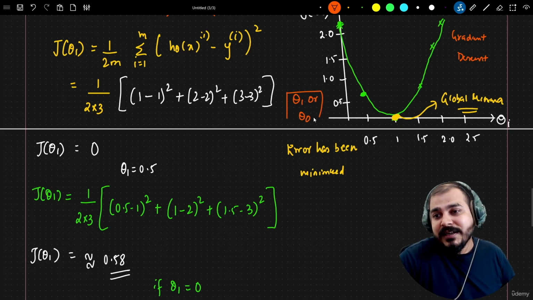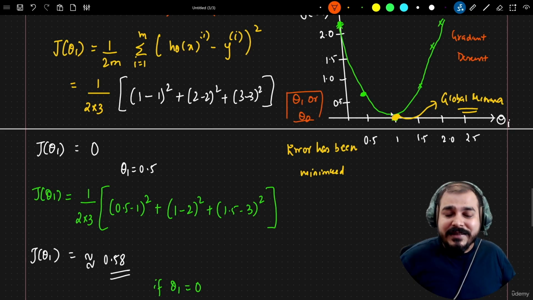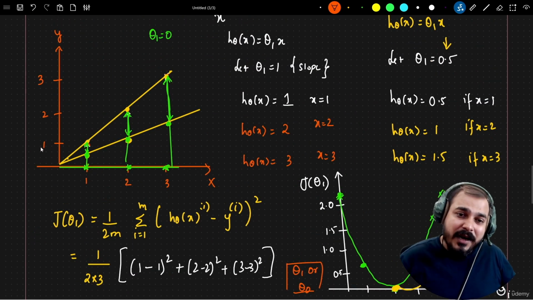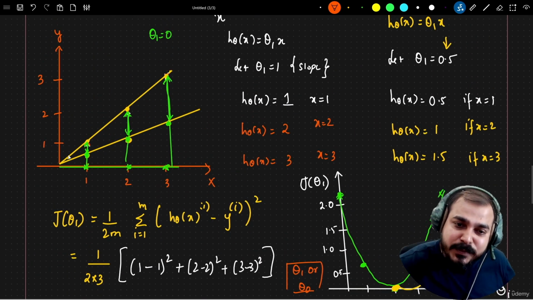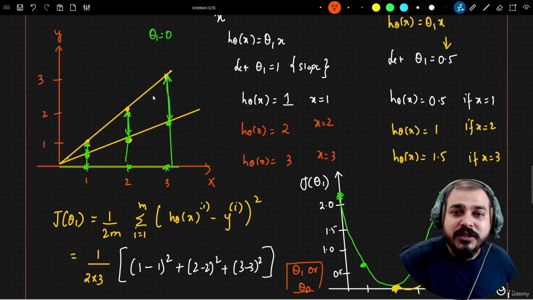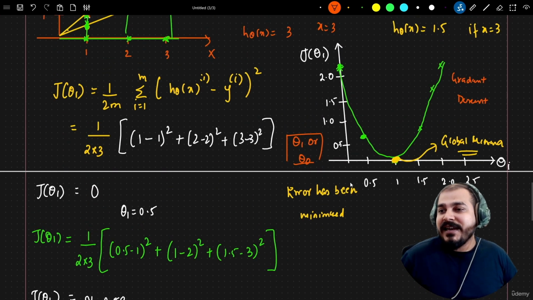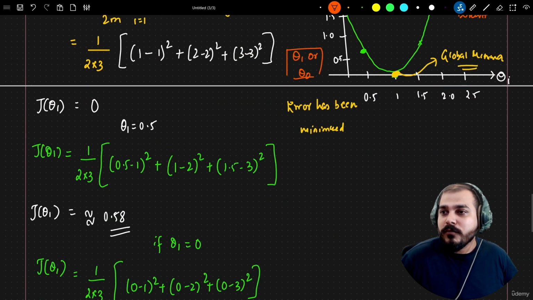Unless and until we get this particular point, we are not going to get our best fit line. So here you can clearly see that at this specific point the cost function was 0. That basically indicated that I did not have to move any further, and this indicated my global minimum.